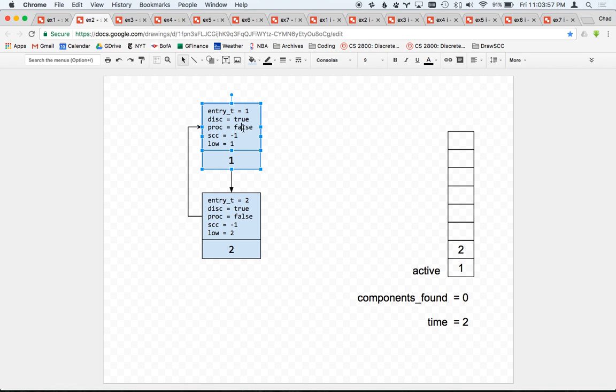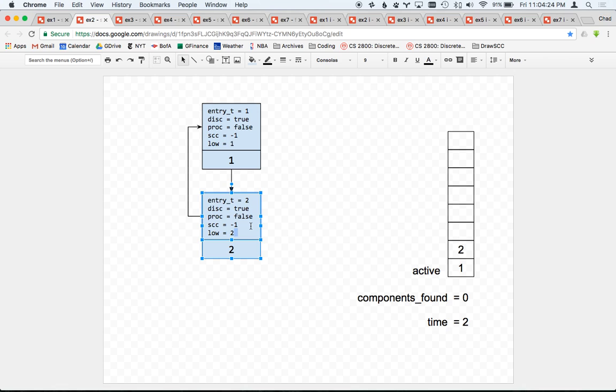We also know that this is an ancestor because we have not yet finished processing vertex 1. We'll talk about that in more detail later, but if we discover an edge to a vertex that has already been discovered and not yet processed, then we have discovered a back edge.